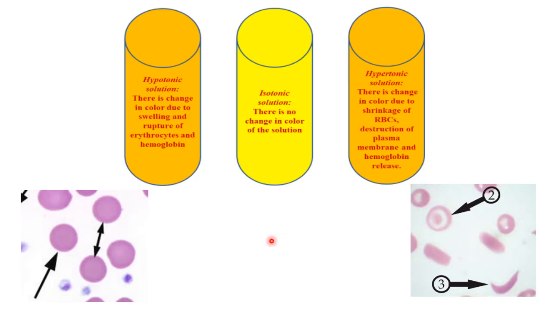So, para ma-visualize natin, no? Compare natin hypotonic, iso, and hypertonic. Kapag hypotonic, una muna magsiswell and then mag-rupture. So, ito yung swelling of the RBC. Hindi mo na ma-appreciate yung kanyang donut shape, no? Yung central pallor niya.